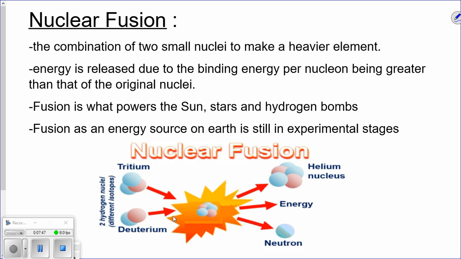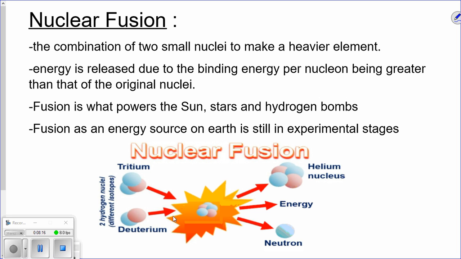So when they bind together, there is energy released. So fusion is what powers the sun, stars, hydrogen bombs, huge amounts of energy. And there hasn't really been a lot of success in controlling a fusion reaction on Earth. So that's all still experimental. We haven't been able to harness that huge amount of energy currently.